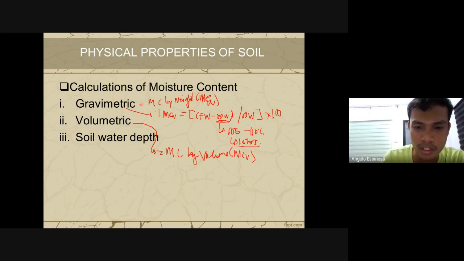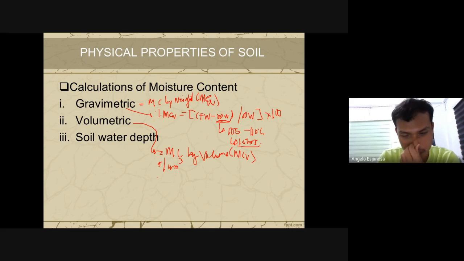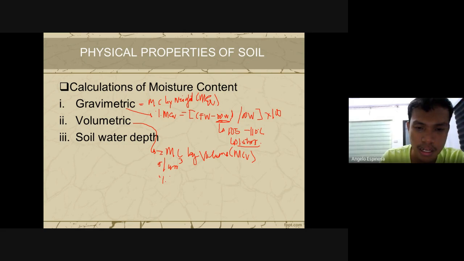What is the bulk density of the soil? Gram per centimeter cube, di ba? Therefore the percentage for moisture content volume is equals to percentage of moisture content weight times the bulk density. Okay, that's how you're going to get the moisture content volume. Ang ilalagay mo sa formula is moisture content by weight times the bulk density.